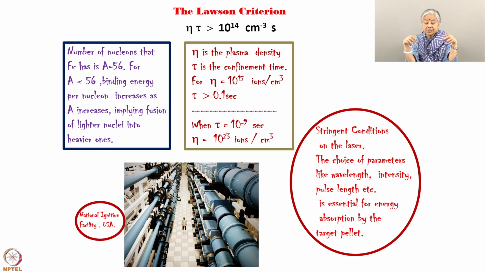And all this comes from the Lawson's criteria. And because of this stringent criteria, it places stringent conditions on the laser itself. The choice of parameters like wavelength, intensity, pulse length is essential for energy absorption by the target pellet. Okay.